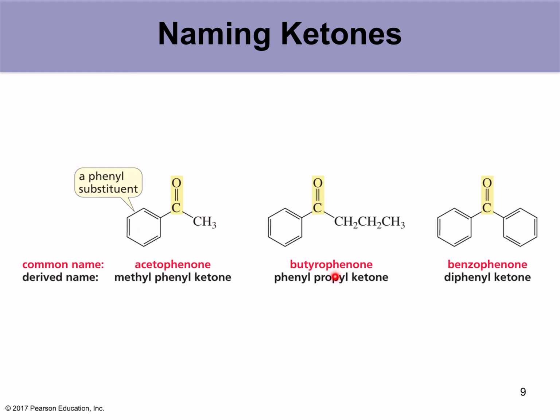And this one, the common name is butyrophenone. It has 1, 2, 3, 4 carbons: butyrophenone, or phenyl propyl ketone. And this one is called benzophenone or diphenyl ketone.